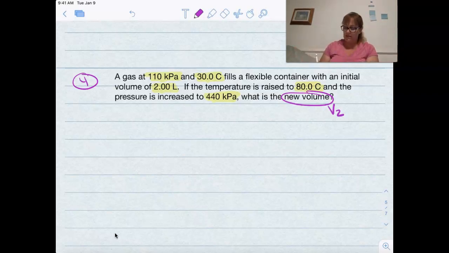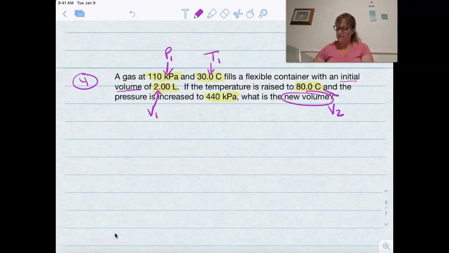So 110 kilopascals, that's our initial pressure. 30 degrees Celsius, that's our initial temperature. And it tells us initial volume. So 2 liters, that's our V1. If the temperature is raised, there's that change that signals that this is our T2, and the pressure is increased.